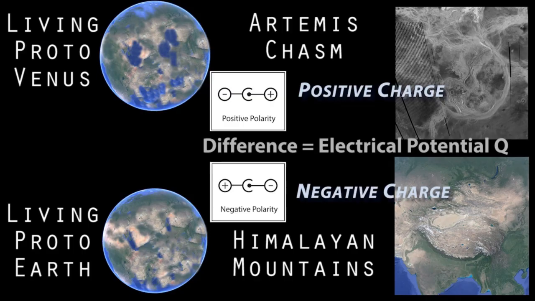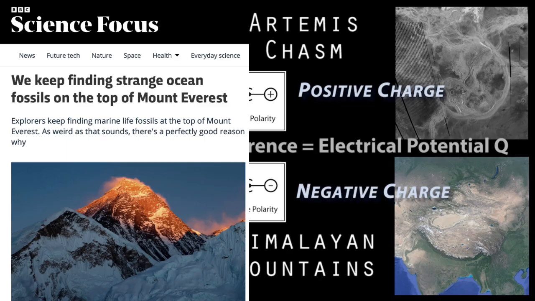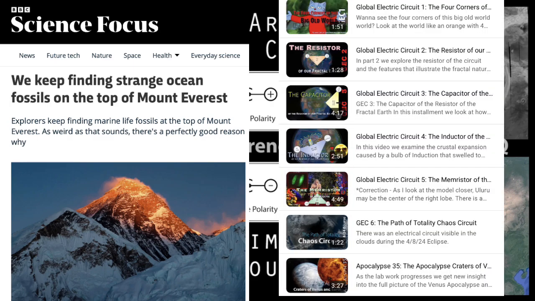The associated scar on Venus is called the Artemis Chasm, and the material to form the Himalayan mountains on the Earth came from the Artemis Chasm on Venus. Chasm, mountains. This is why there are seashells on top of Mount Everest. Material from the oceans of Venus fell to the Earth, and we can follow those electrical patterns to find our planet in the current state that it is today.